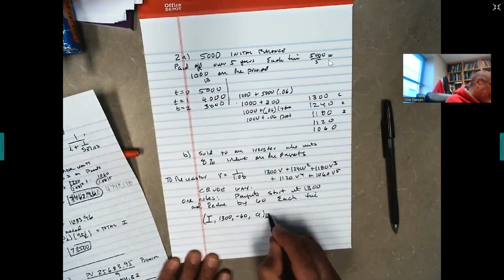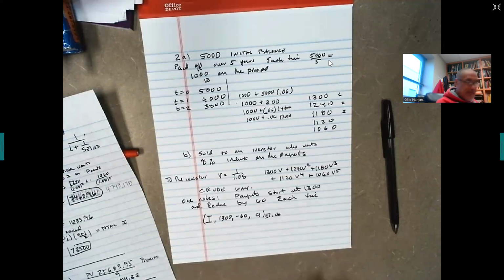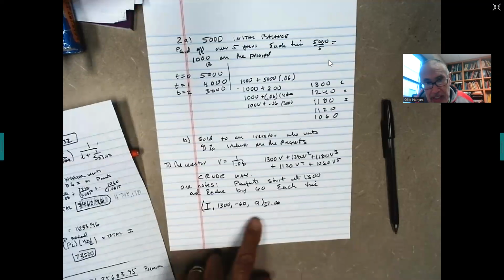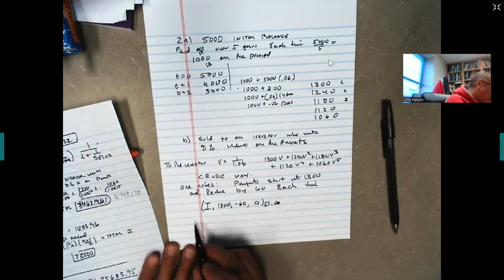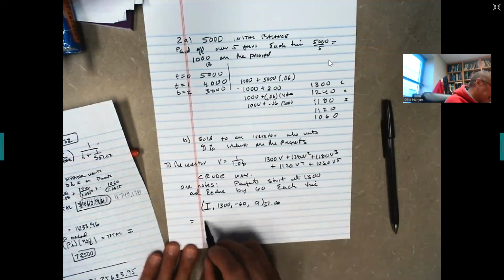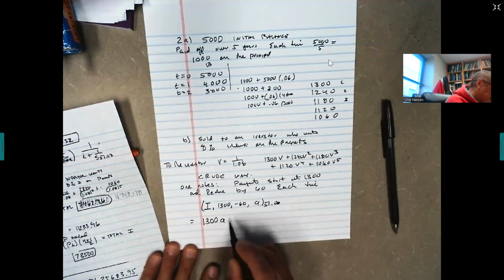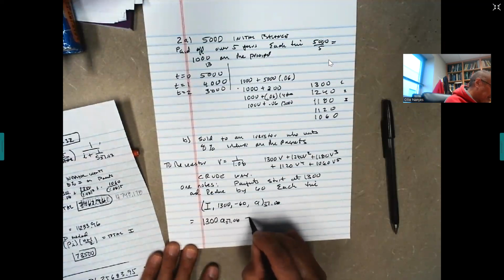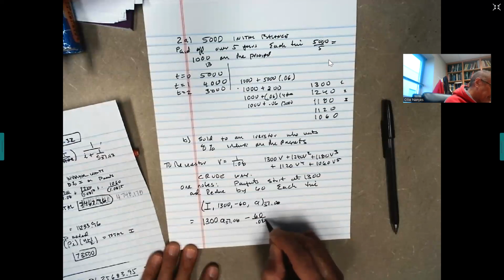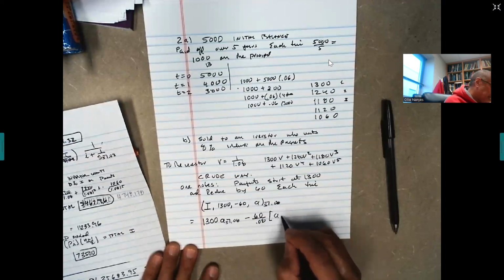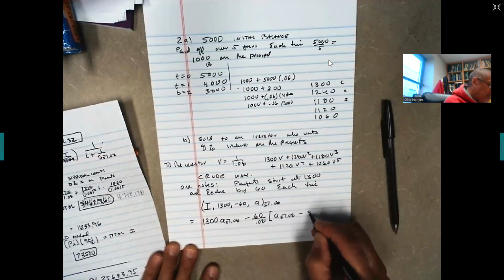In this case, it's 5 years with interest rate 0.08. So entering our total here, by our formulas in the text, 1,300 a angle 5 at 8% minus 60 over the interest rate 0.08, times a angle 5 at 0.08 minus 5 over 1.08 to the 5th.